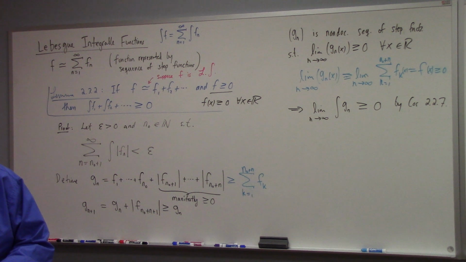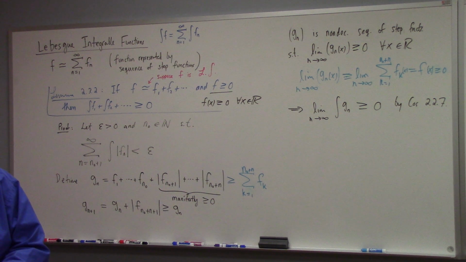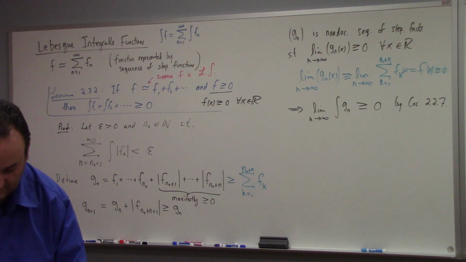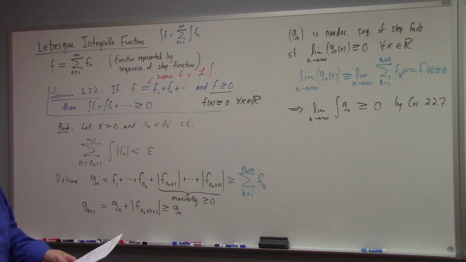That one followed from the deeper theorem, theorem 2.26, and the corollary literally just says that for a non-decreasing sequence of step functions whose limit is non-negative, the integral is non-negative, which is what we're doing here.